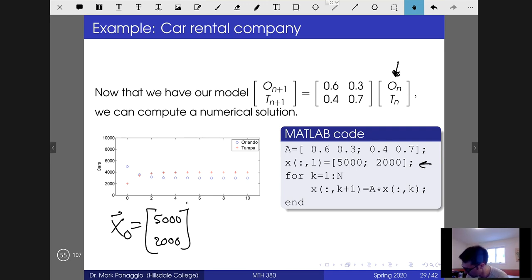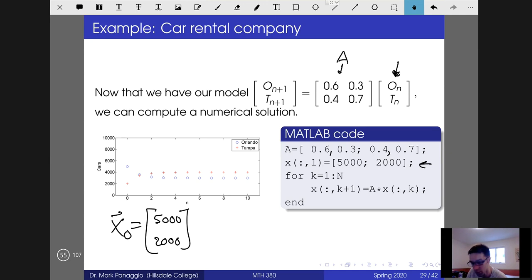And so this is going to be a 2-by-1 matrix currently. All right, so we've included X. And then we've also specified our matrix A. And again, commas or spaces can be used to separate entries, and semicolons end lines. And so this is the matrix 0.6, 0.3, 0.4, 0.7, which is 2-by-2.